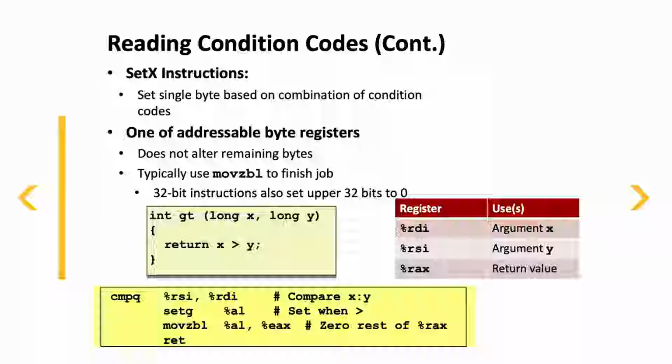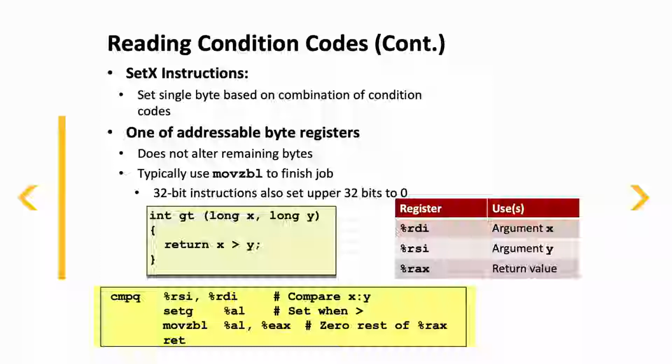Ooh, boy, what's that mean? It means we're going to be moving but zeroing out the upper order bytes. Okay, and we're addressing L, so we're addressing the low order byte of AL. So that just means we're going to take just that lowest order byte of AL, move it into EAX, and because we've used MOVZ, we'll zero out the other 3 bytes.